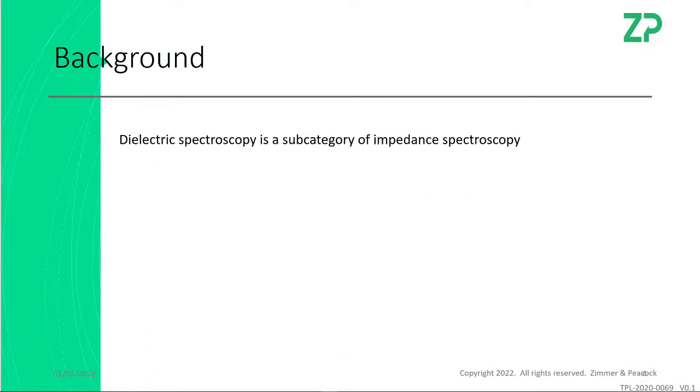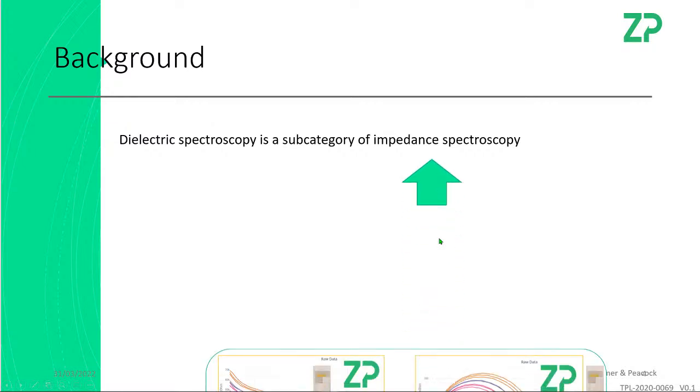So dielectric spectroscopy, I'm hoping that they mean, is in the context of impedance spectroscopy. Dielectric spectroscopy for me is a subcategory of impedance spectroscopy.